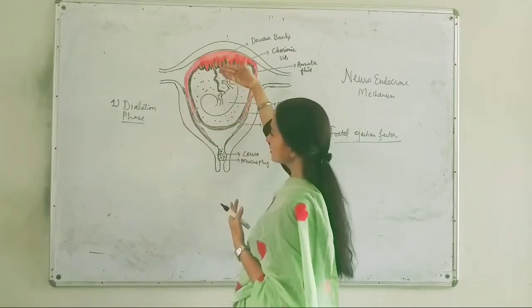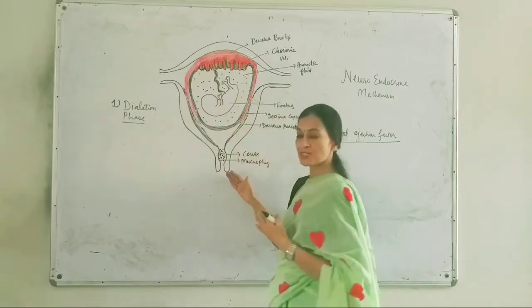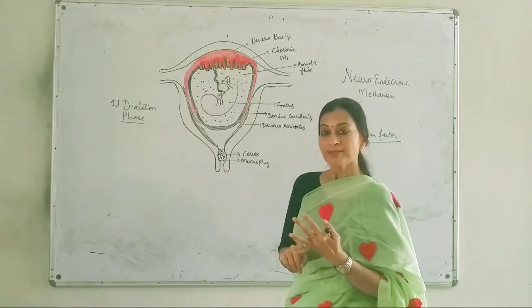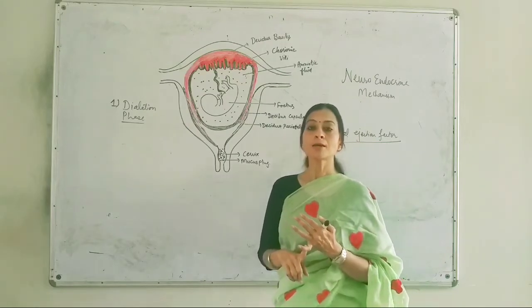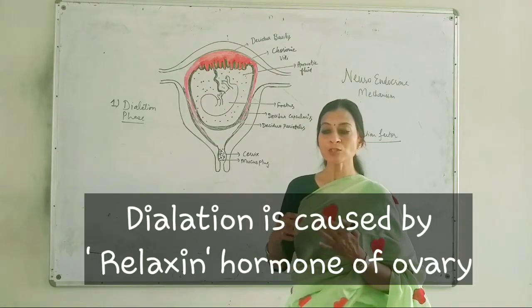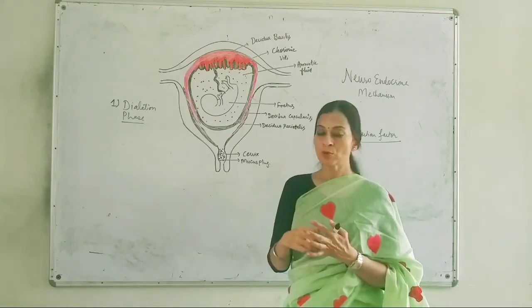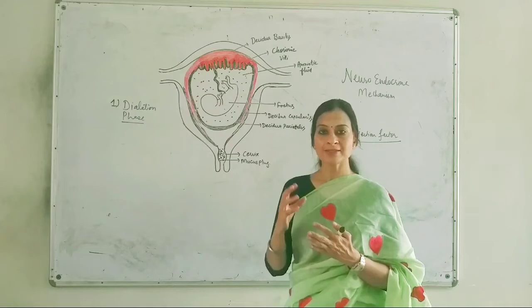Third, because of this contraction phase, the fetus is pushed towards the cervix region, which is dilated, and this dilation is supported by a hormone from the ovary also, which is known as relaxin.